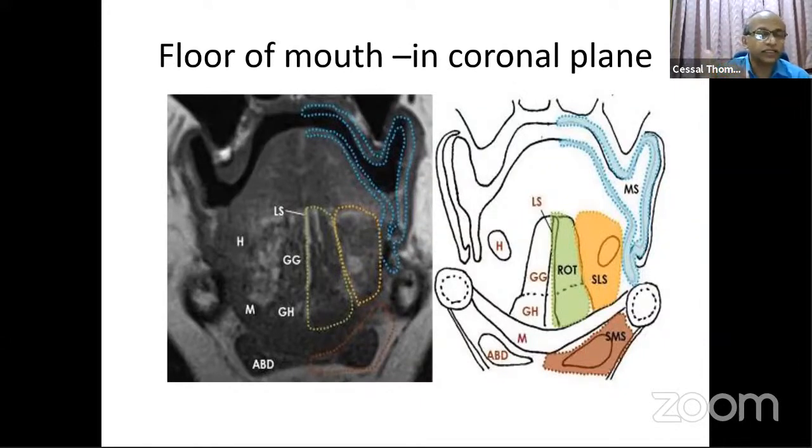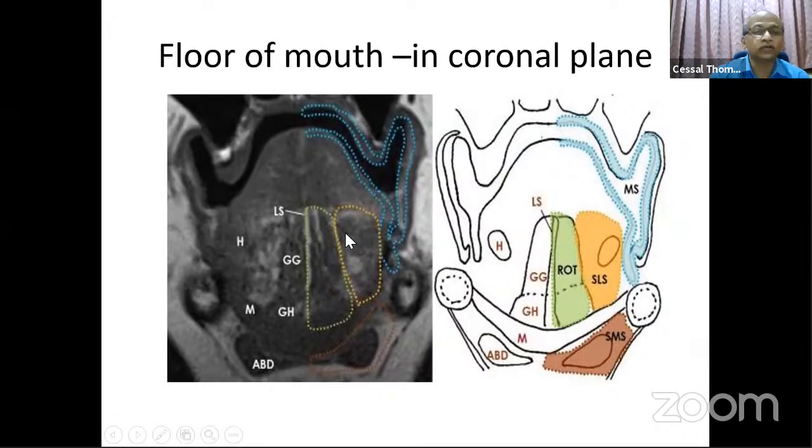The genioglossus is from the upper genial tubercle, or upper spine, and the geniohyoid is from the lower. You may remember that part of the genioglossus muscle goes to the hyoid. The geniohyoid muscle, genioglossus muscle, and the lingual septum form the root of the tongue.